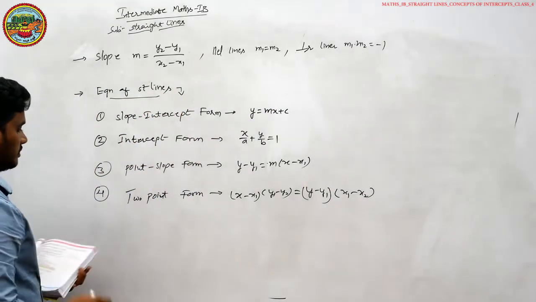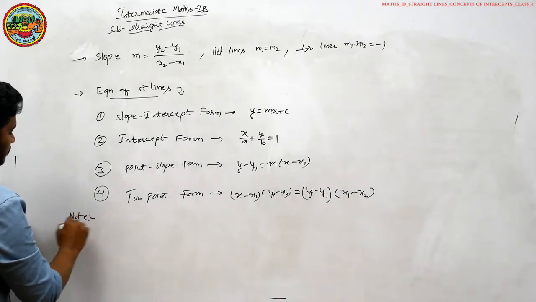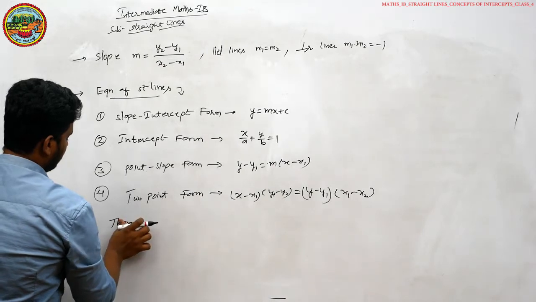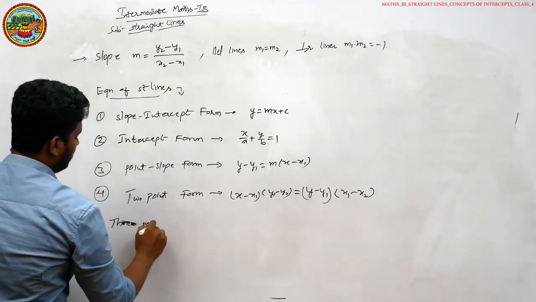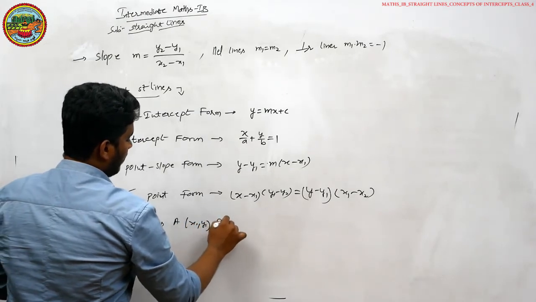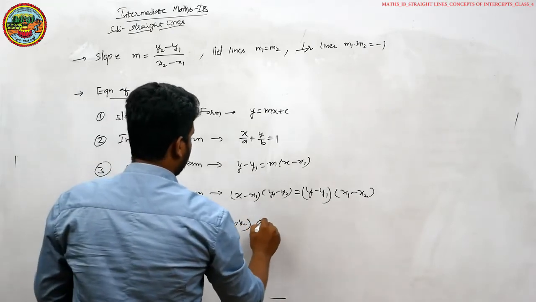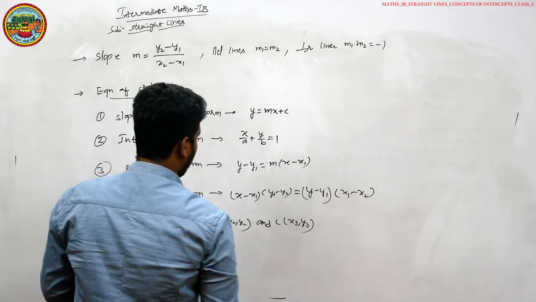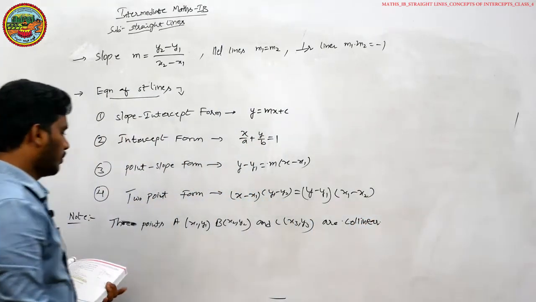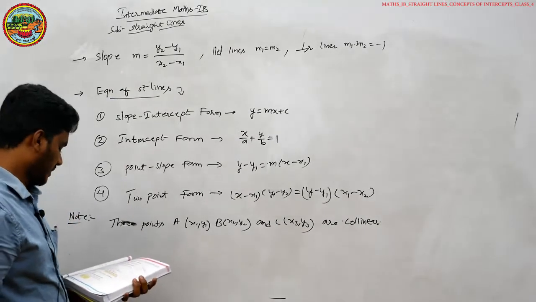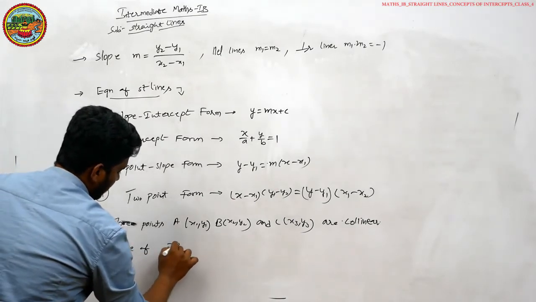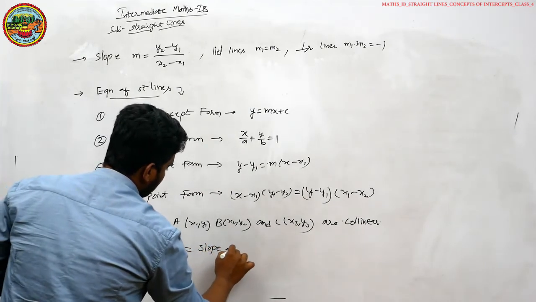So now, another note we have. If three points A, B, C, given by A (x1, y1), B (x2, y2), and C (x3, y3), are collinear, then slope of AB is equal to slope of BC.